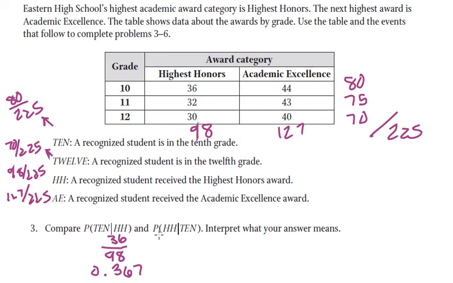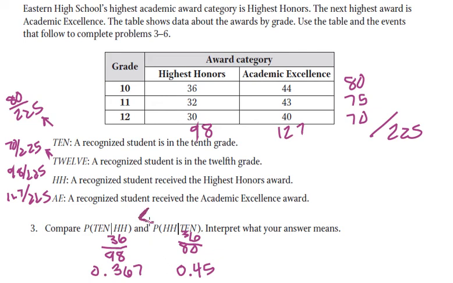Then here, the probability that they got highest honors given that they are 10th graders is, well, their total number of 10th graders is 80, and the number of them that got highest honors is 36. So that's going to be 36 out of 80, and that's going to be 0.45.